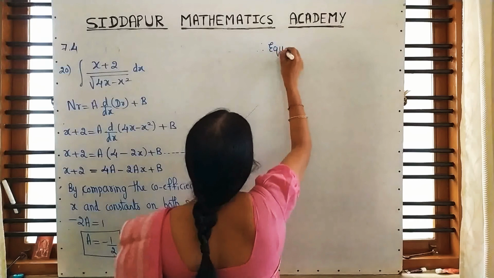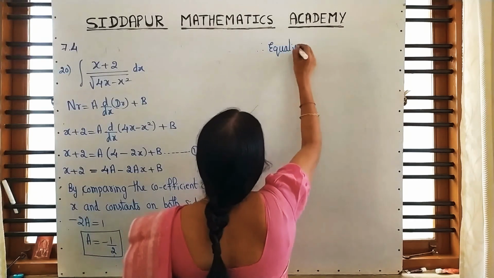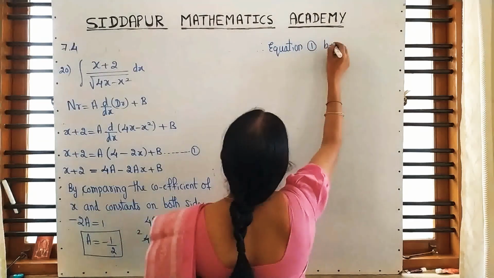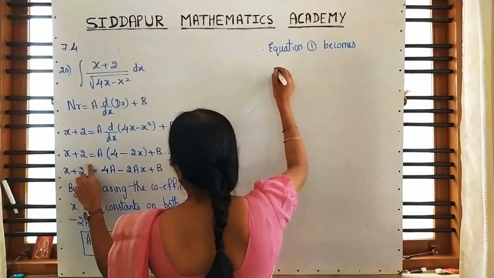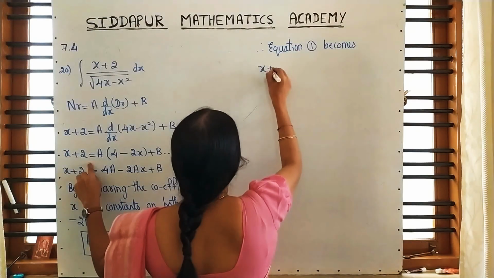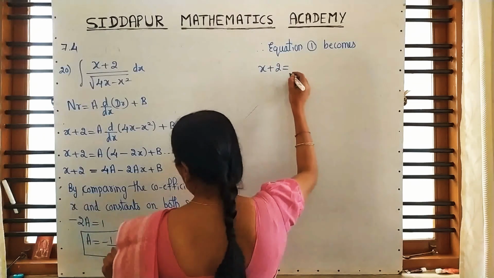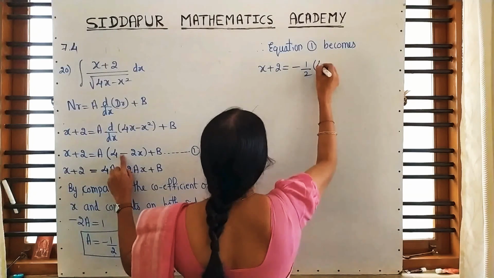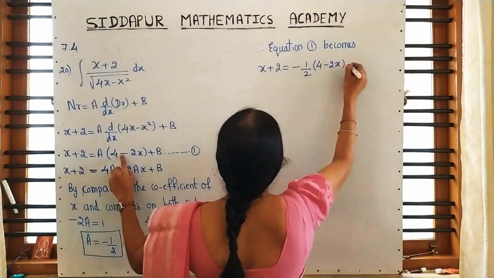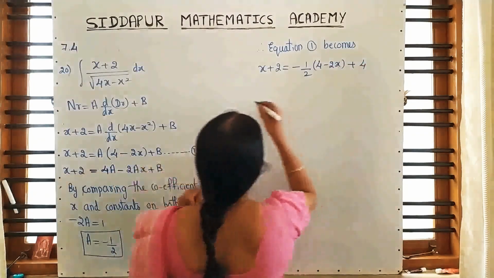Therefore equation 1 becomes x plus 2 is equal to, a value is minus 1 by 2 in the bracket 4 minus 2x, and b is 4.